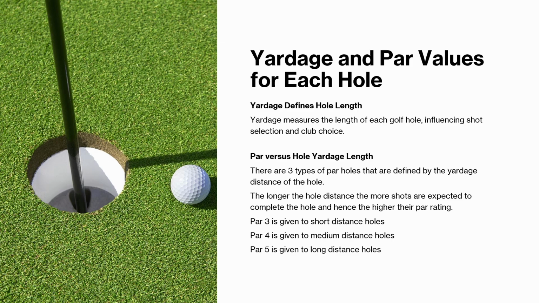Longer hole distances mean that more shots are expected to complete the hole, and hence the higher their par rating. So you typically have three par ratings. A par 3 is given to short distance holes. A par 4 is given to medium distance holes, and a par 5 is given to long distance holes.